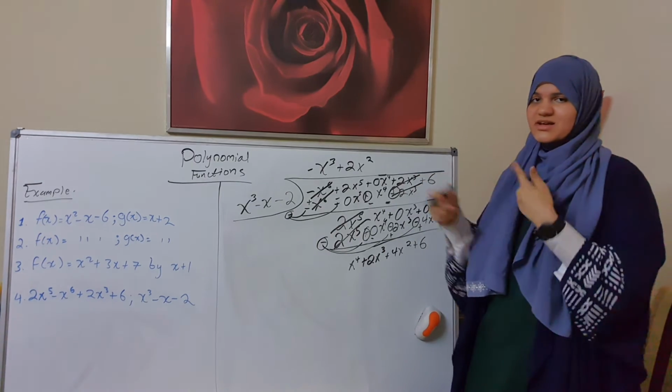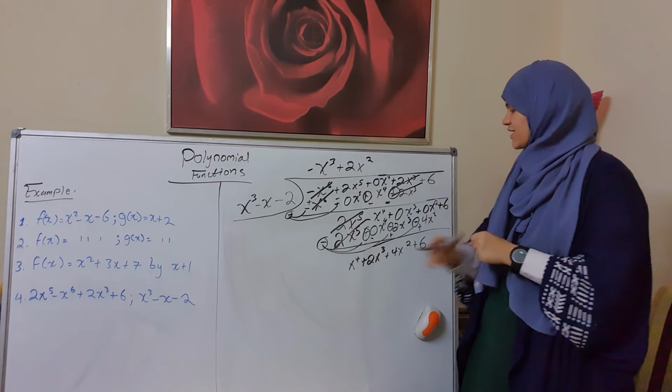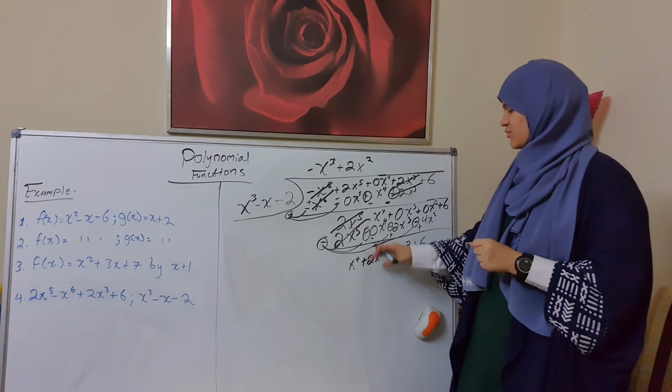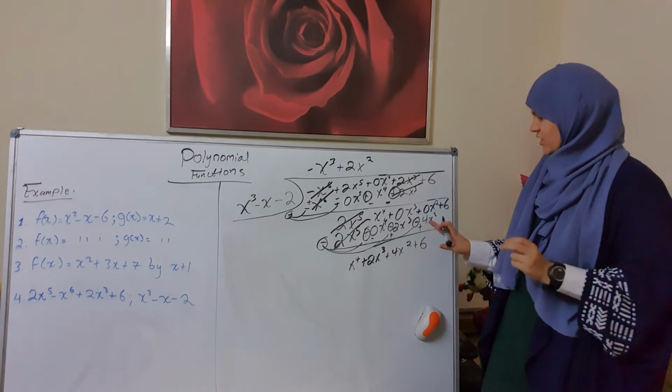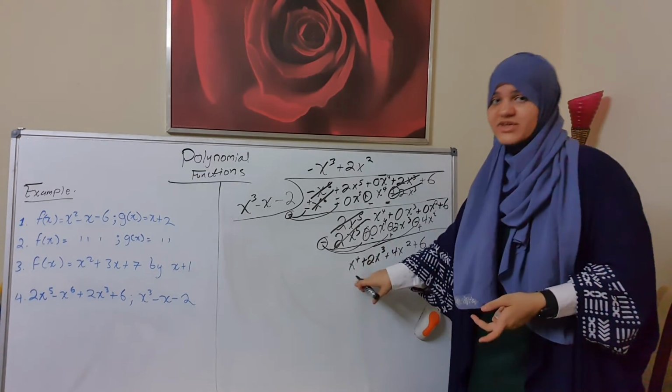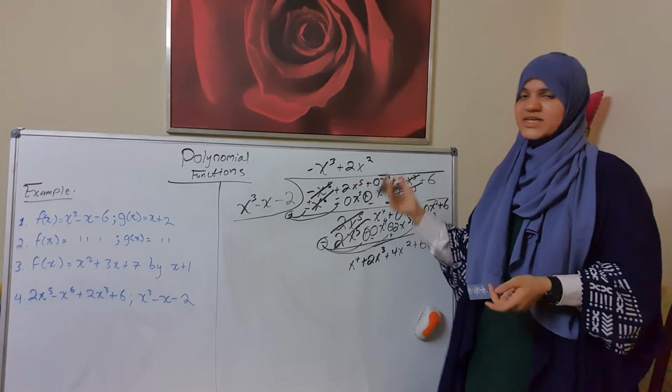So that means it's a cycle, it will not finish until you find the remainder. Now, x to the power of 4 plus 2x to the power of 3 plus 4x squared plus 6, right? Now we'll take the first term from this expression and divide it by x cubed minus x minus 2.